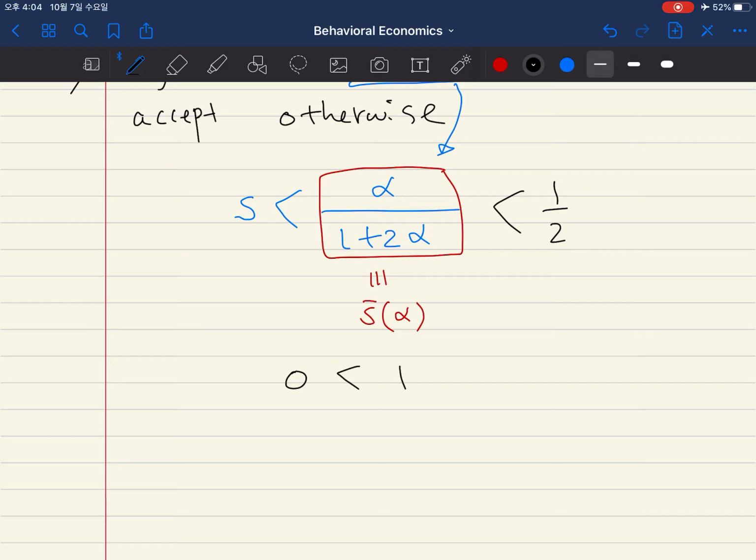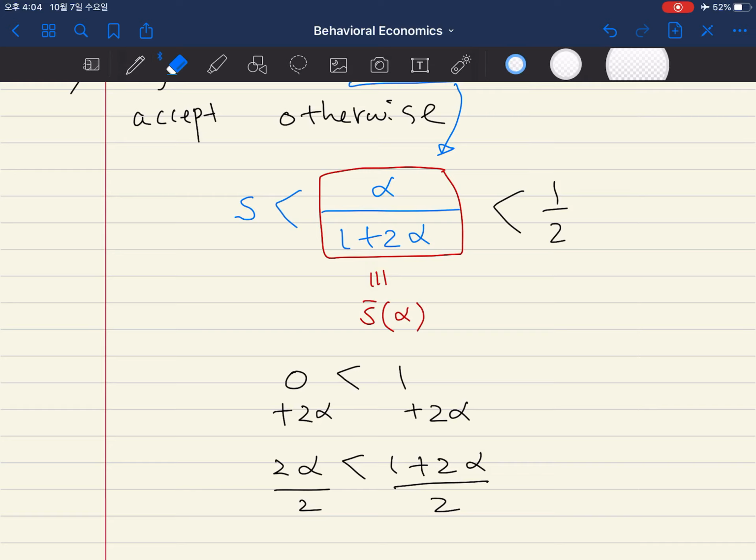Let's begin with this inequality. We know that number 1 is bigger than number 0. Add 2 times alpha to both sides. So we get 2 alpha less than 1 plus 2 alpha. Divide by number 2 on both sides, so 2 disappears here.